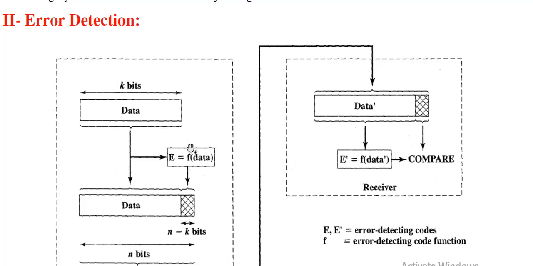We calculate a digest, which is a function of the data or a property of the data. And this function has to be installed both at the sender and at the receiver. So we calculate the digest of the data and attach it to the data. So the new frame or the new packet will be data plus the digest.